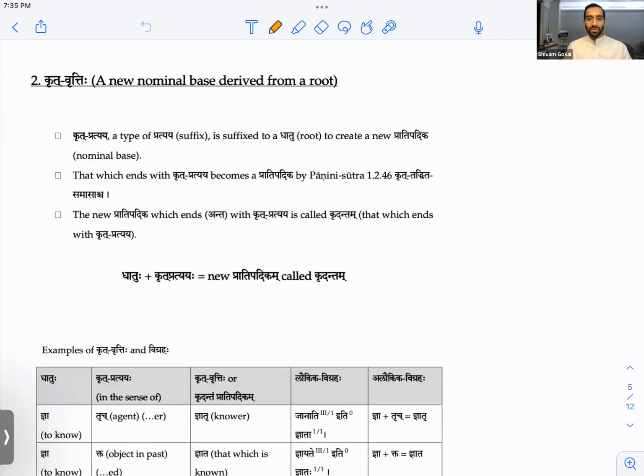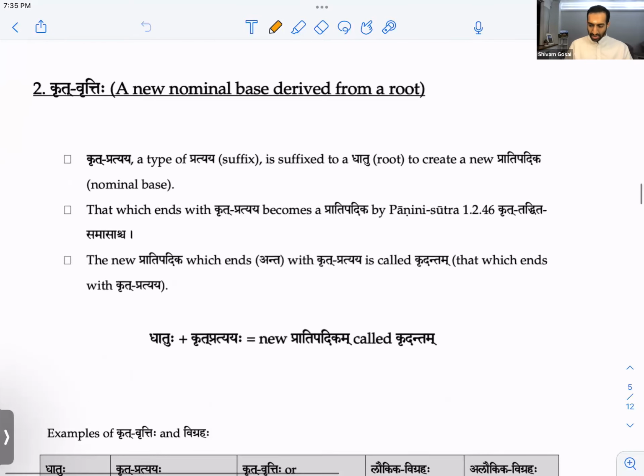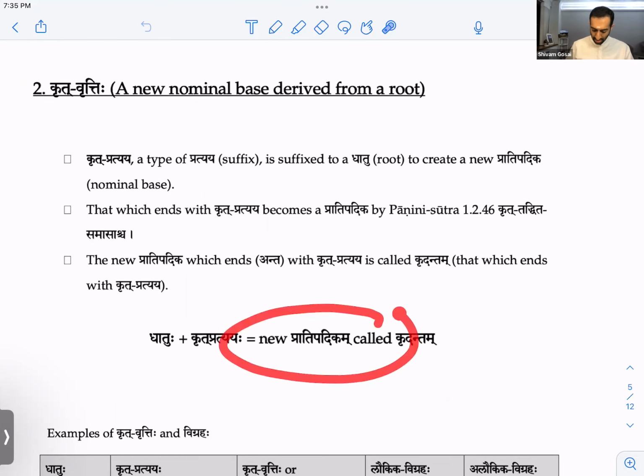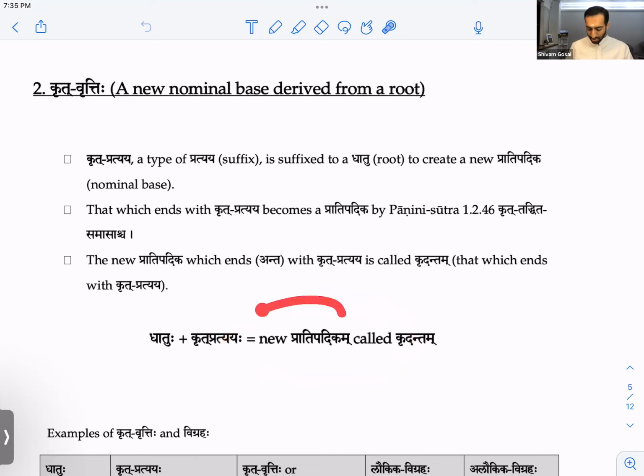And then we talked about Krit Vritti last time. In Krit Vritti we're making a new pratipadika, which is called a kridantam, by adding a dhatu plus a krit pratyaya.